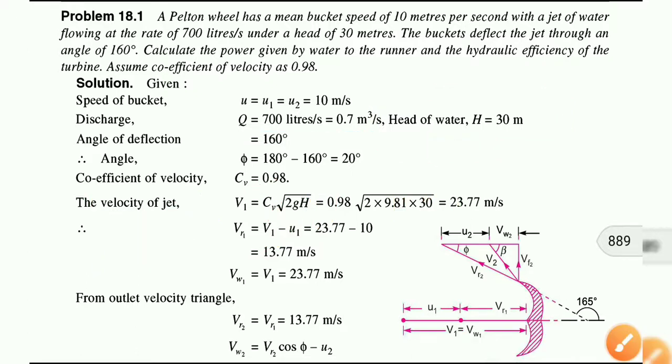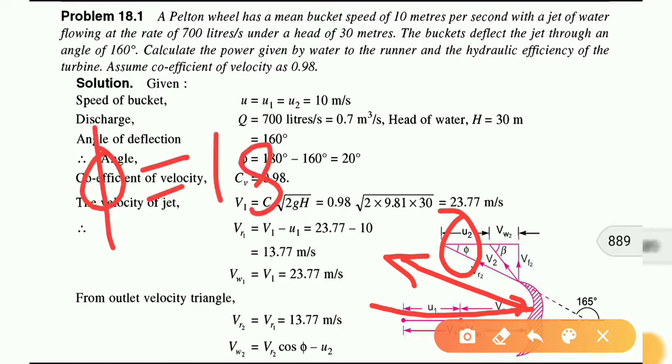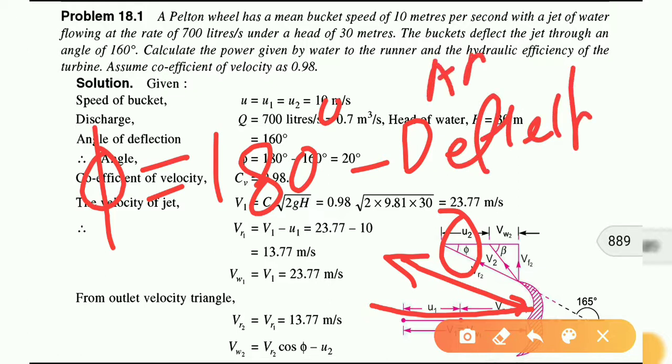The angle of deflection is 160 degree. Angle of deflection means, if the jet is striking like this and this jet is getting deflected by an angle of 160 degree, then this is called the angle of deflection. If phi is the vane angle at the outlet, then phi can be calculated like this: phi is equal to 180 degree minus the angle of deflection.